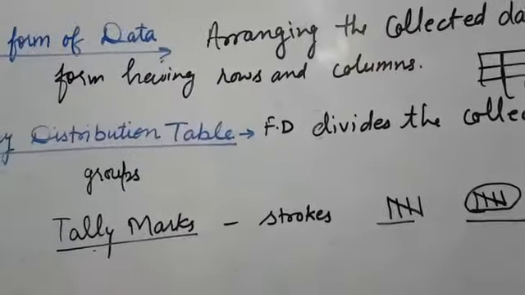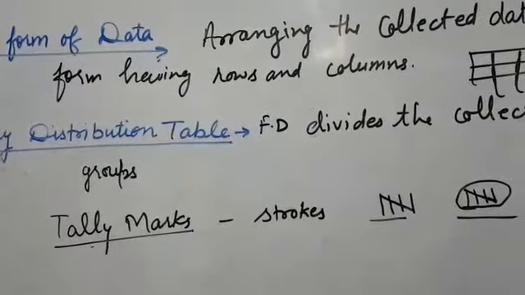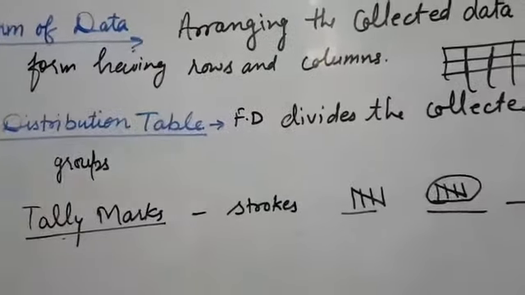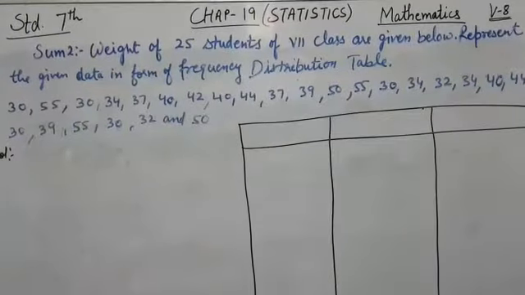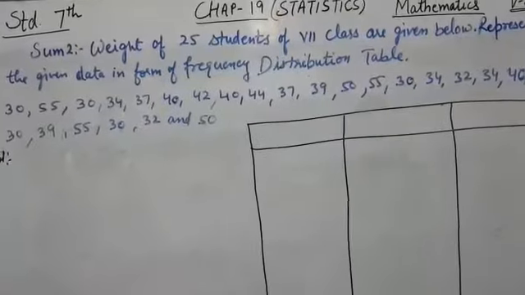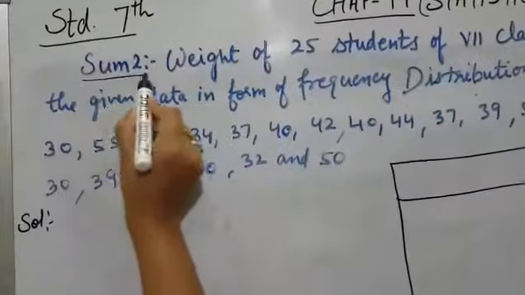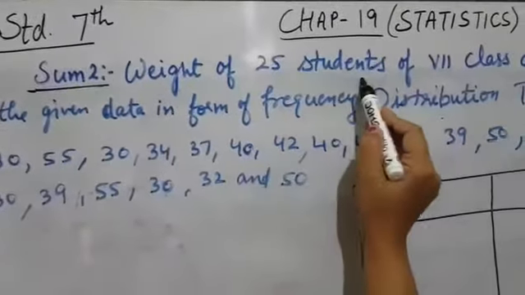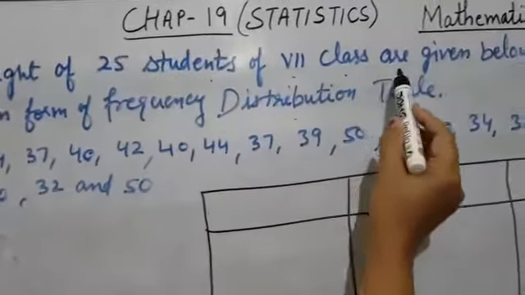Next, we will come to sum number 2. Weights of 25 students of 7th class are given below.